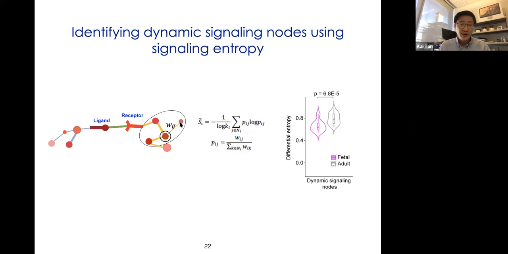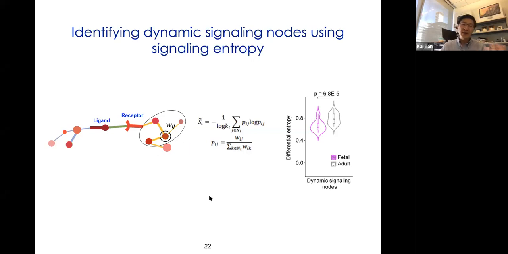Here, Wij is the weight between gene i and gene j, as I described in the previous slides. What this signaling entropy measures is essentially the uncertainty of the interaction pattern of a given gene with other genes in the pathway.